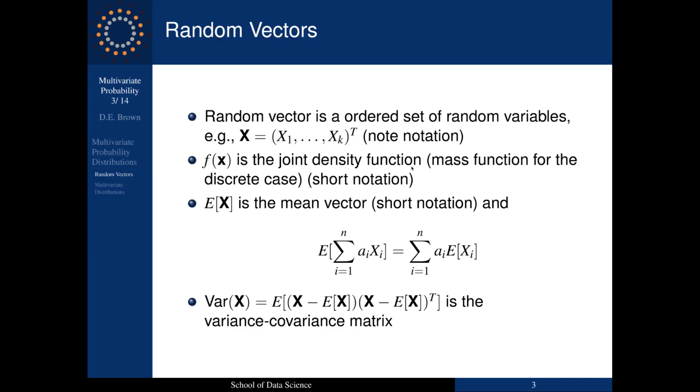Sometimes we leave off the variance and just call it a covariance matrix. The diagonal elements of this matrix are equal to the variance of each individual random variable, and the off-diagonal elements are equal to the covariance. And it's symmetric because the lower and upper triangle of that matrix are equal, because the covariance of a random variable with another random variable is commutative. So the result is a symmetric matrix that represents the variance-covariance matrix.